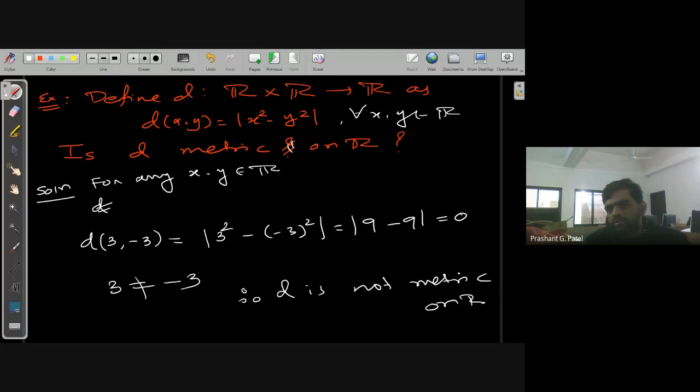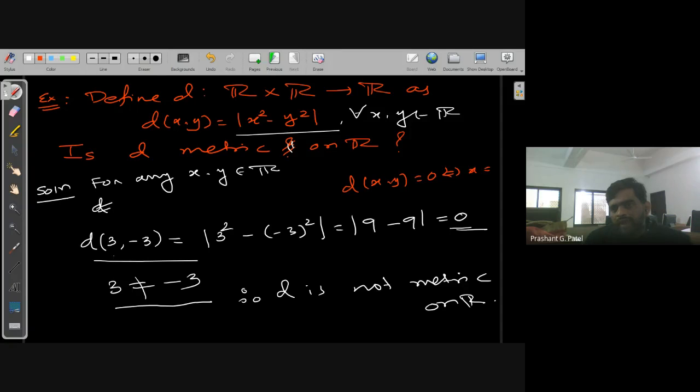In that way, we cannot define this as a metric, because these two points, 3 and minus 3, are not equal, but the distance is 0. According to the definition, the distance between two points is 0 if and only if x has to be equal to y.